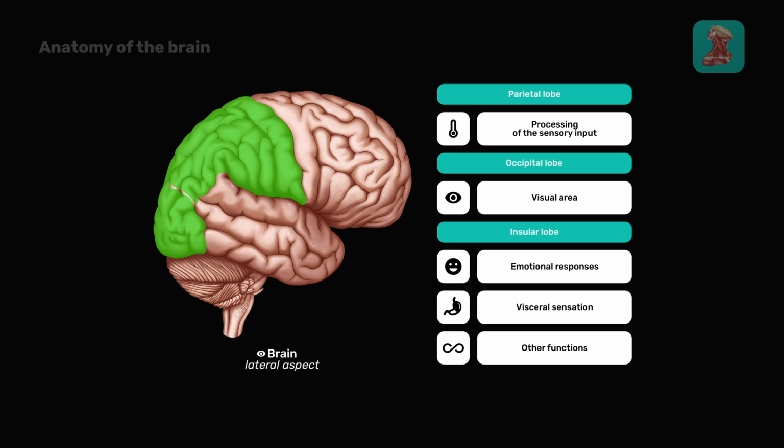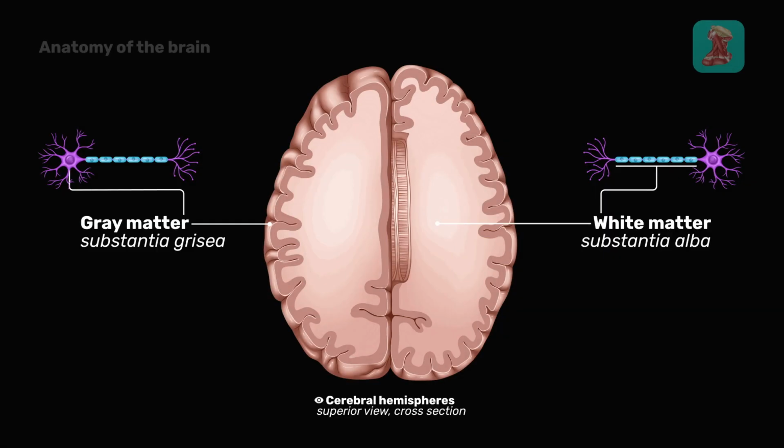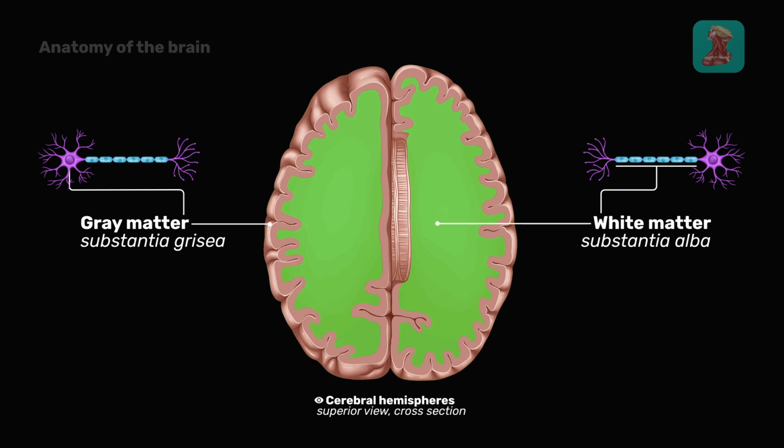And the insular lobe participates in a bit of everything, from speech formation to the control of the heartbeat and other vital functions. The cerebral hemispheres consist of gray and white matter, just like any other part of the central nervous system. Gray matter consists of neuronal cell bodies that generate nerve impulses, while white matter comprises neuron processes that transmit nerve impulses, thereby providing communication between different parts of the nervous system.